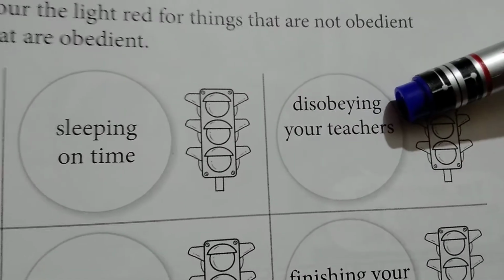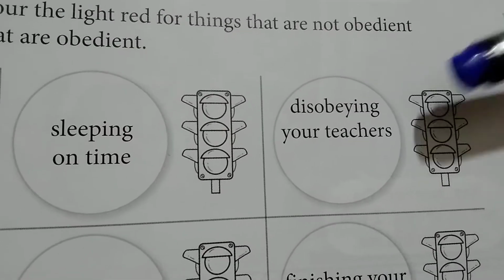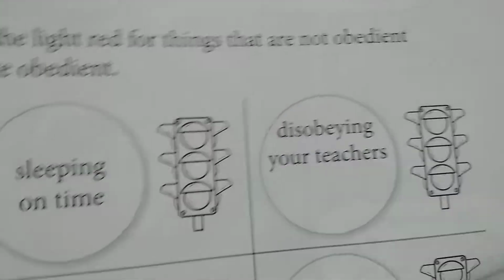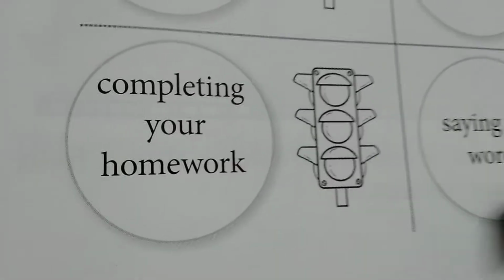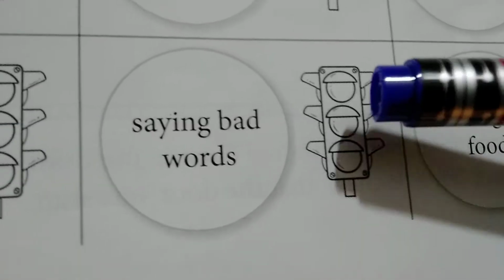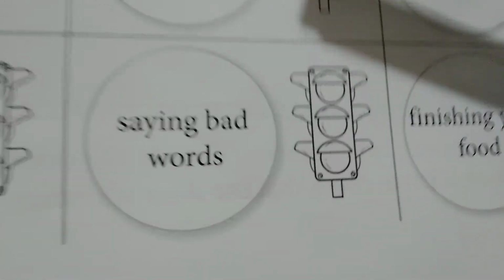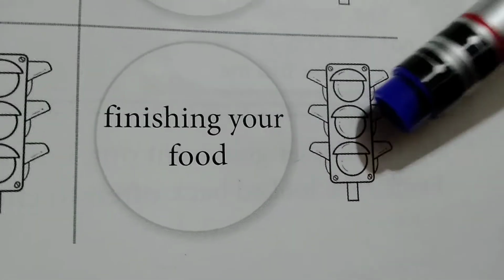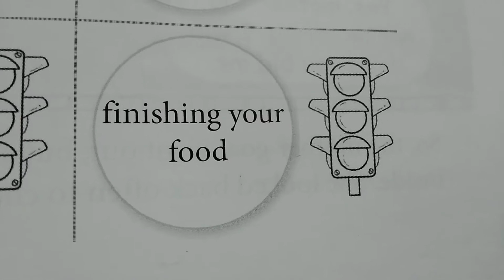Disobeying your teachers. What do you think? It is obeying or disobeying? Color according to that. Next, completing your homework. Color according to that. Saying bad words. Color according to the above instruction. Finishing your food. Color according to the instruction.